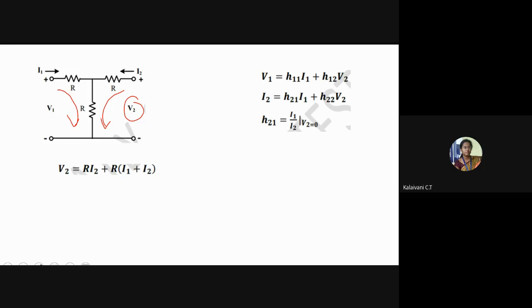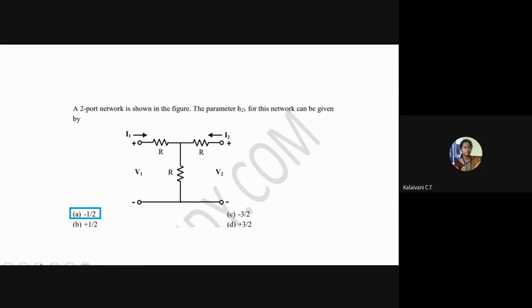If we solve this, we will get 2R into I2 plus R I1 is equal to V2. Now, our condition is we have to make V2 equal to 0. So when you substitute V2 is equal to 0, the ratio of I1 by I2 will be equal to minus R by 2R. R and R get cancelled. It will be minus 1 by 2. So answer will be minus 1 by 2.